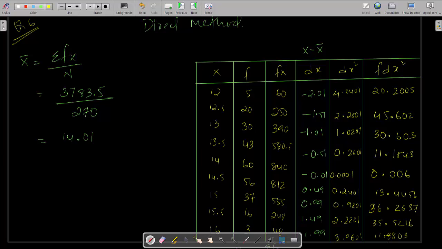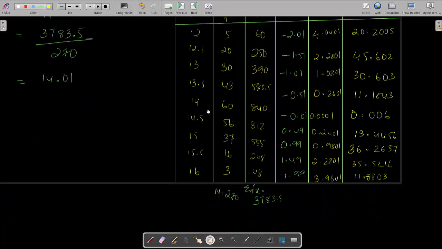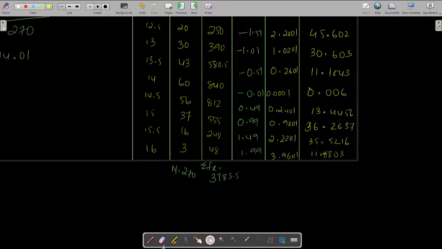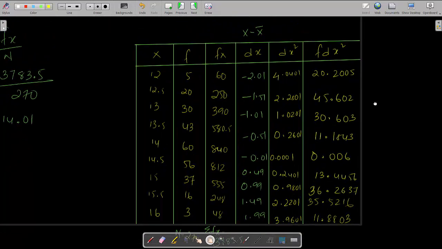And lastly 11.8803. Alright, so now you have all the values of f dx squared.